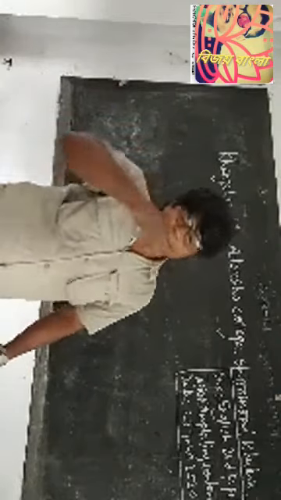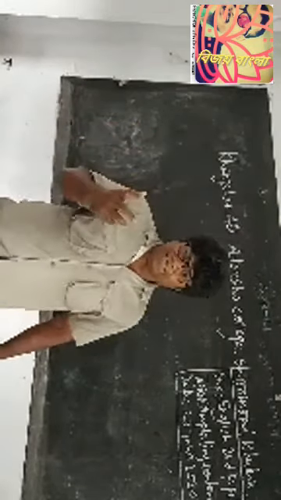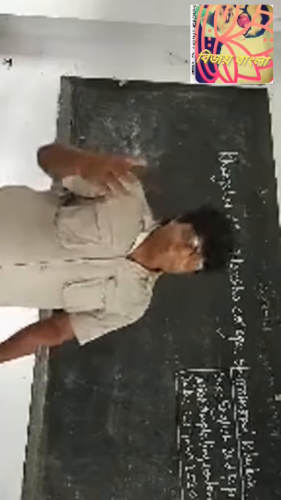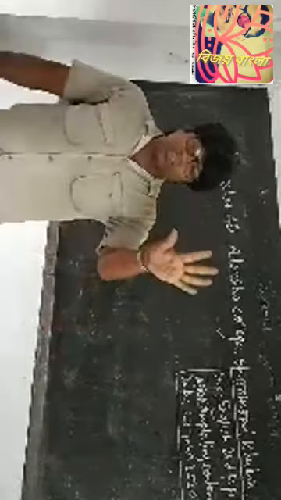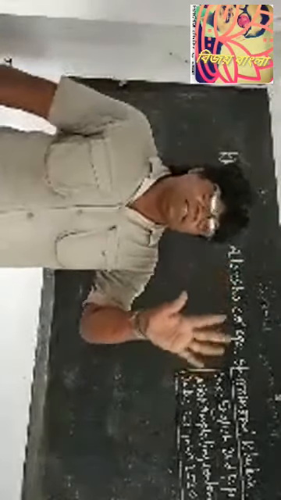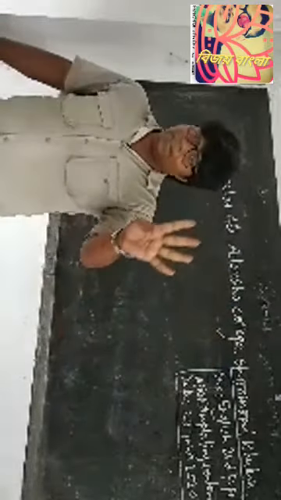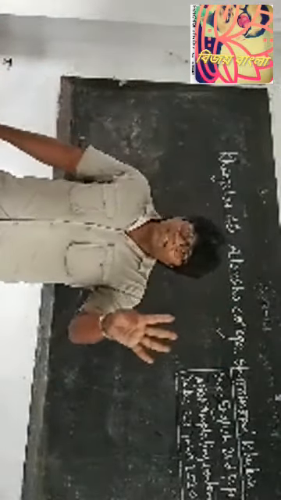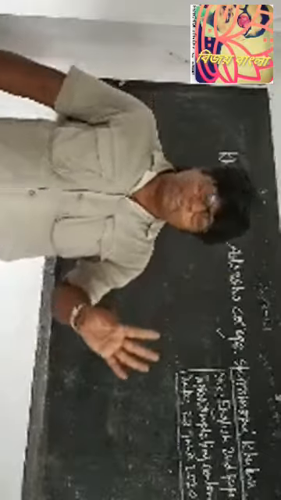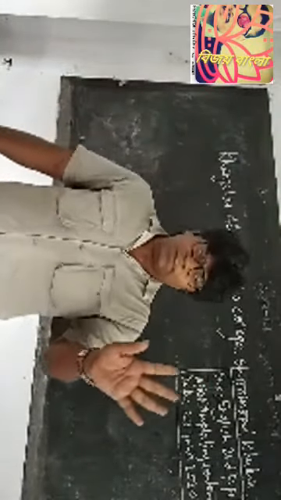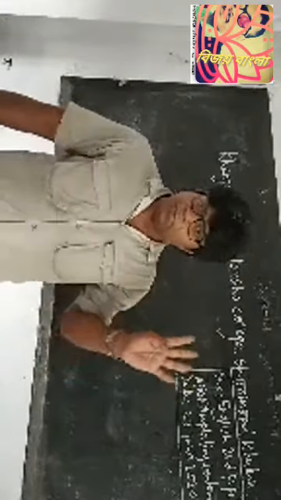So I think you have curiosity to know what a phrase or clause is. Phrase is a group of words where there is no subject or verb. I repeat, phrase is a group of words where there is no subject or verb.